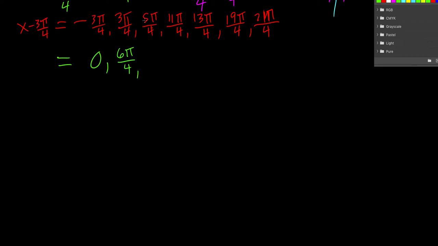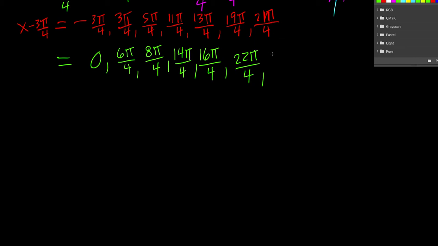Then we add, and we get 8 pi fourths. We add 3, we get 14. We get 16. We get 22. And then we get 24.